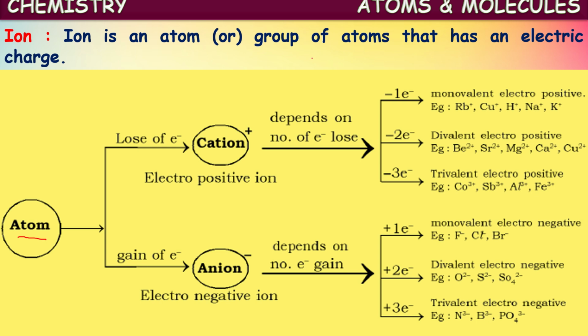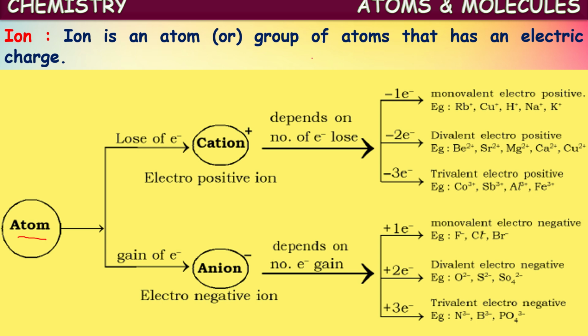If negatively charged electrons are removed from the atom, then what happens? The positive charge density increases in the atom. Increased means it is more than the negative charge. It does not mean extra charge is coming into that species. Whatever charges are there, negative and positive are equal, that is neutral. If a negatively charged particle is taken out, automatically the positive charge density is more in the resultant species.